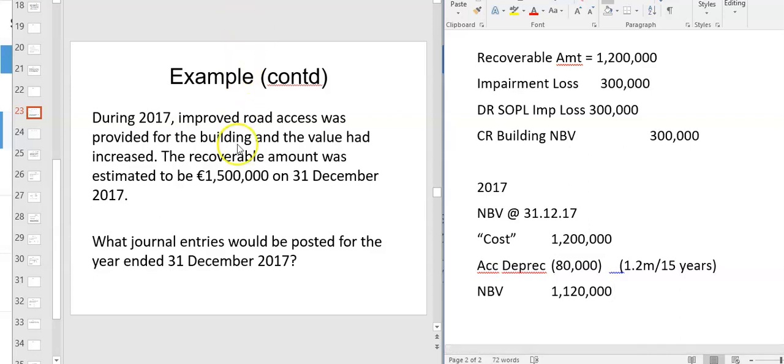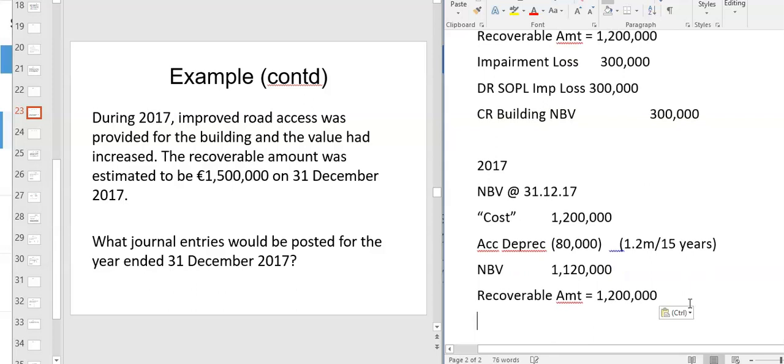But what we're actually told is this recoverable amount has increased back up. The recoverable amount now is 1.5 million. So this is where you have to watch the rules in IAS 36 in terms of dealing with the reversal of an impairment. You can't just simply say, oh, we should reverse it back up by 380,000.